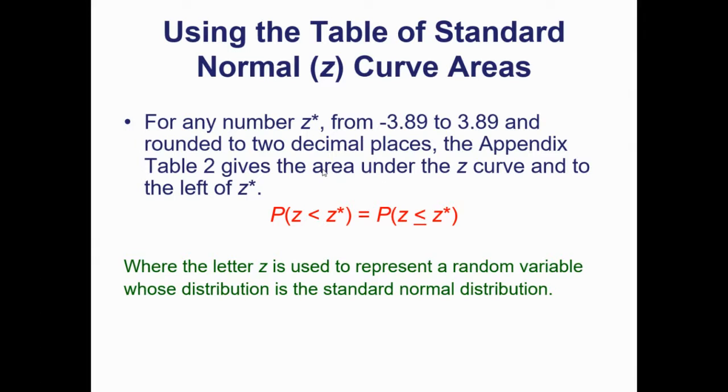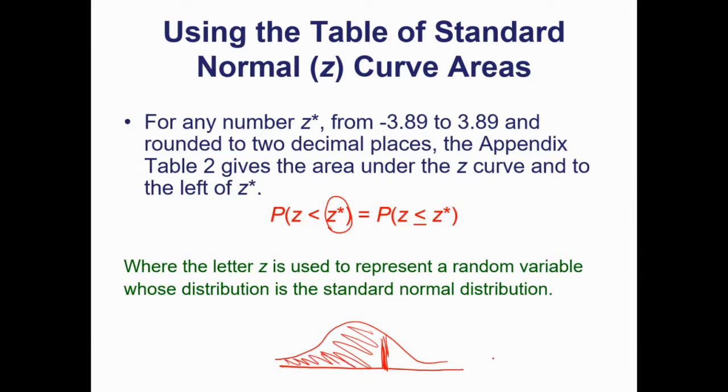So when we use the letter Z and we use these charts, it's the area to the left of whatever value you have here. Let's say down here I have a graph, and this is my Z that I'm interested in. The probabilities in the table will always give you what's to the left of it.